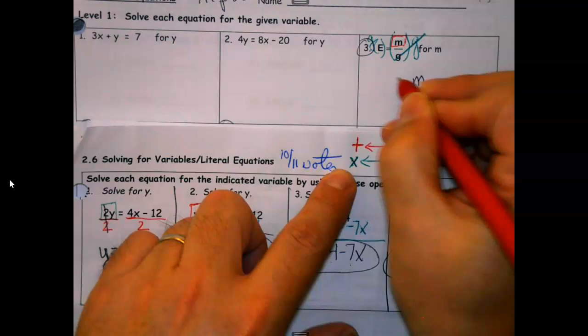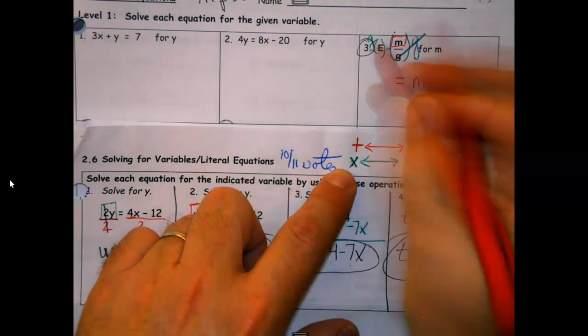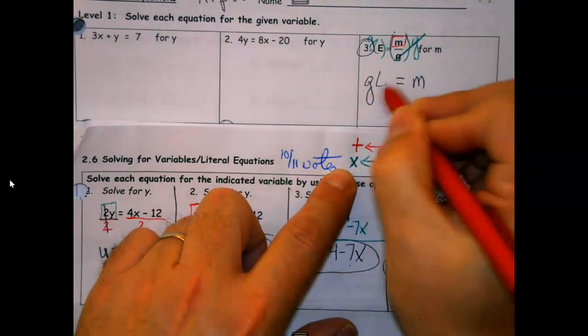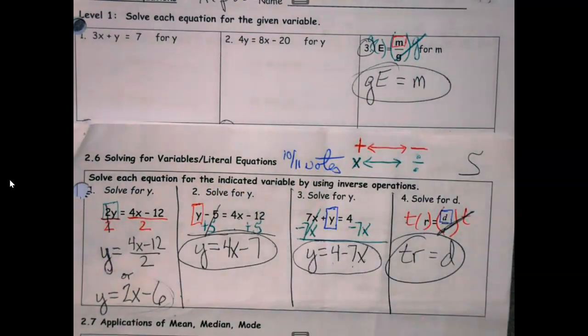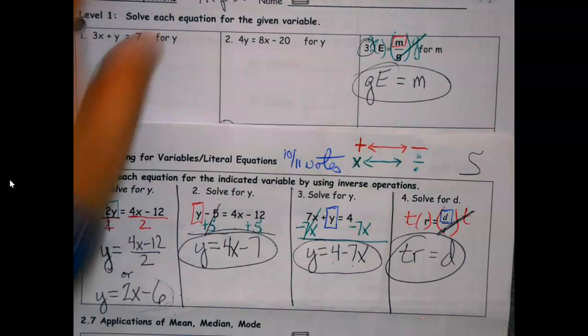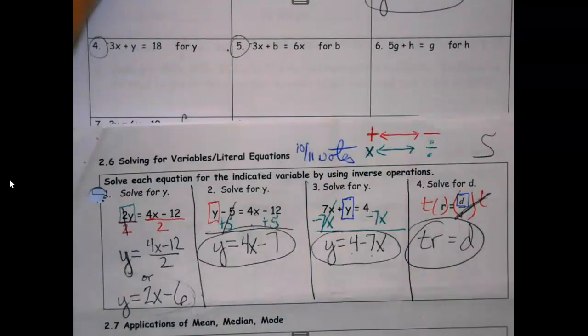M's by itself. Okay, this top section, 1 step is the max you're going to have to deal with. Okay? You're like, oh, okay, we'll see.